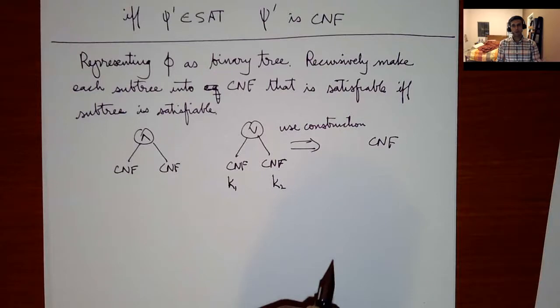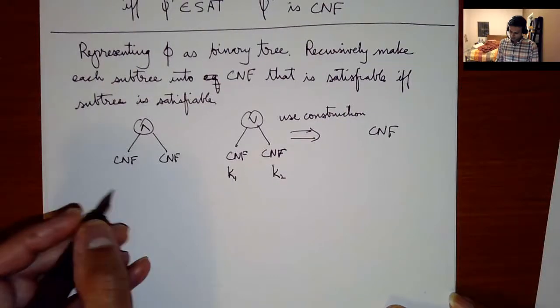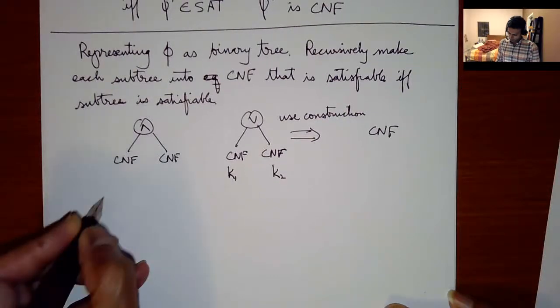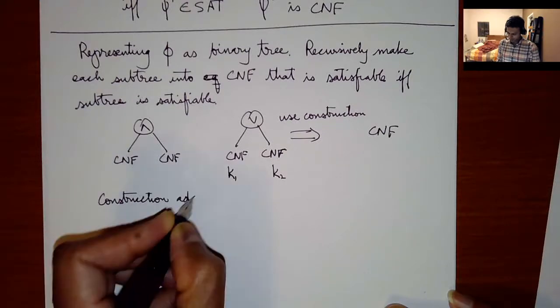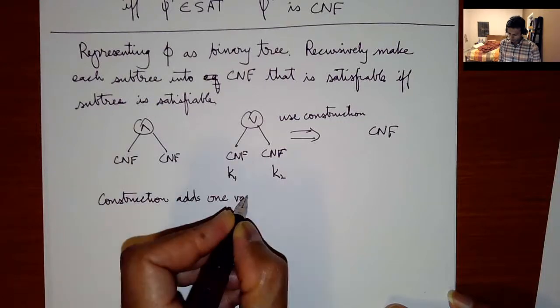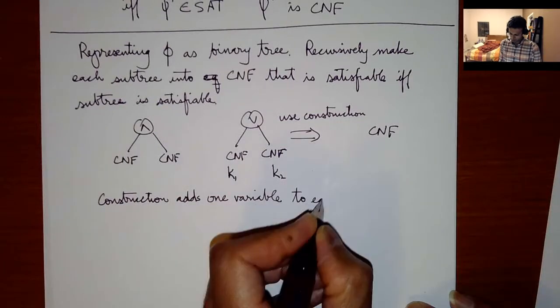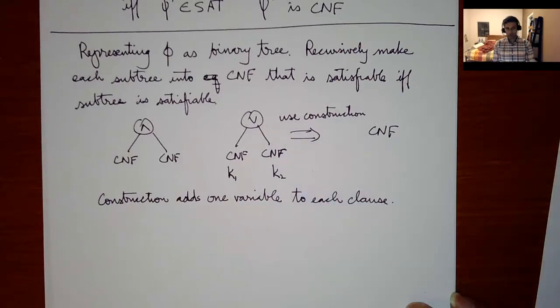You can say the size is the number of symbols used to write things down. Then the construction adds one variable to each clause.